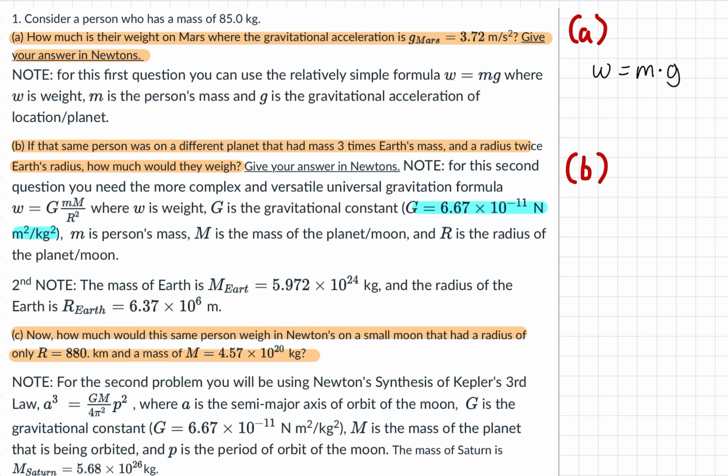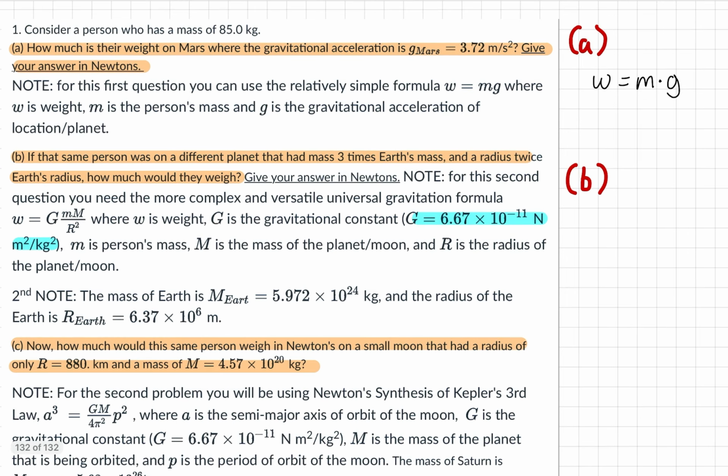And then we're going to enter a person's mass because we actually do want to get a value of newtons out of this, I believe. So let's see, or do we want a ratio? So if the same person on a different planet had a mass 3 times, oh, okay, no, we're going to use the same mass that's given up here, so we're going to carry that value over.